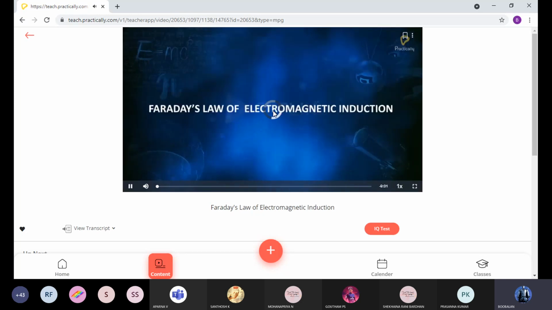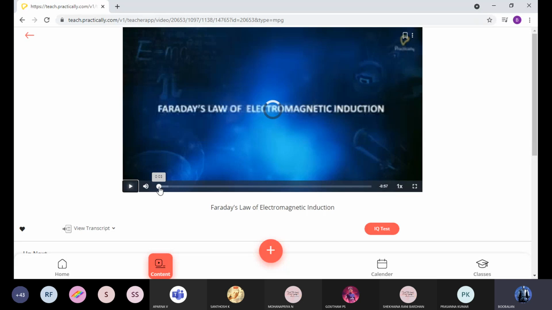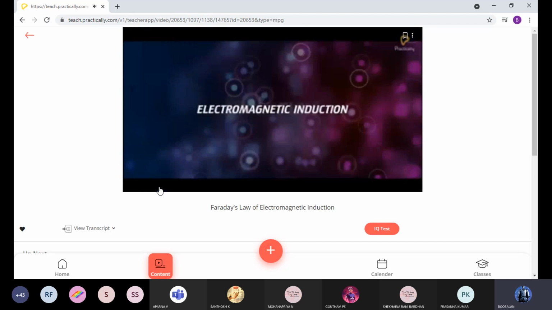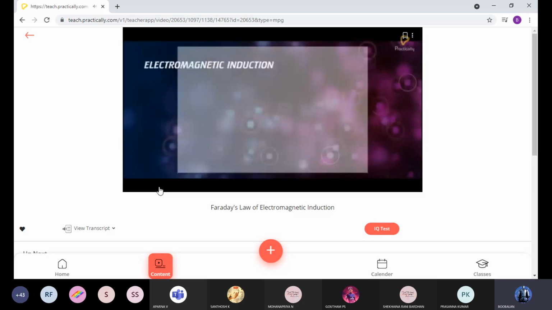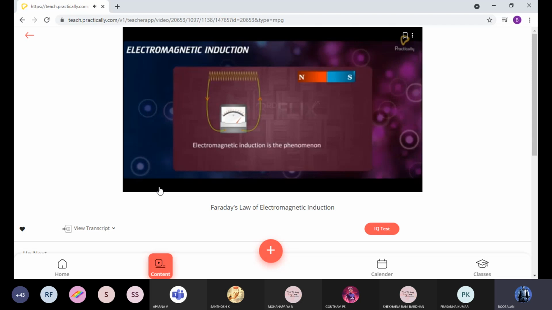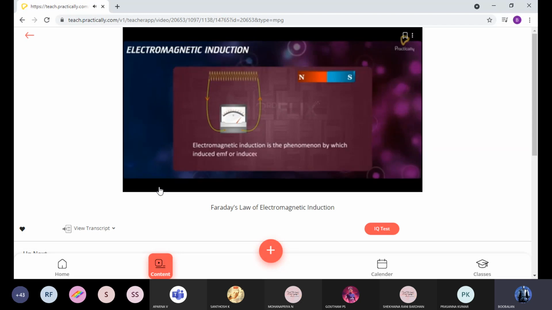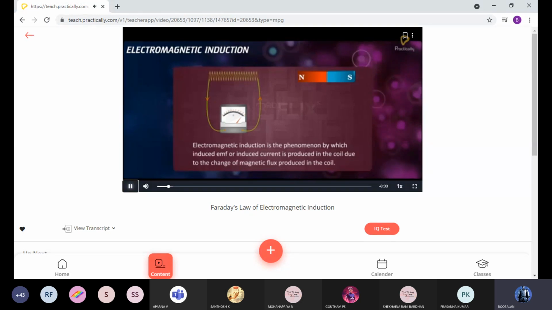Electromagnetic induction is the phenomenon by which induced EMF, or induced current, is produced in the coil due to the change of magnetic flux produced in the coil.